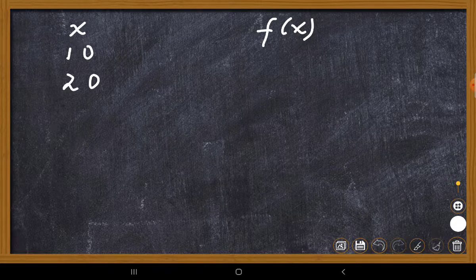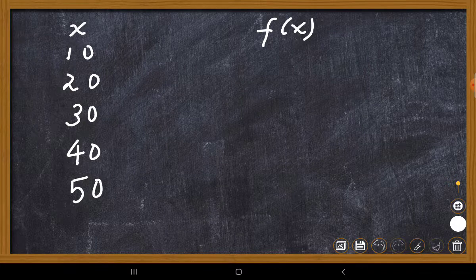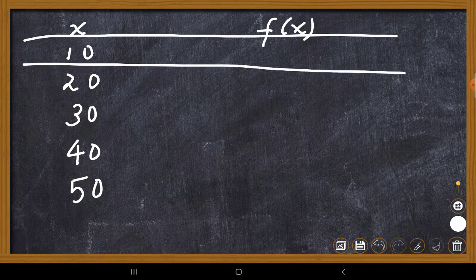You have your x values, the marks which are less than x, and then you have the number of students which you denote by fx. You take only the upper limits of those intervals: 10, 20, 30, 40, 50.